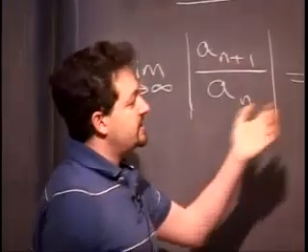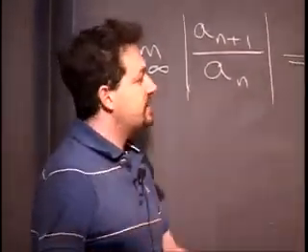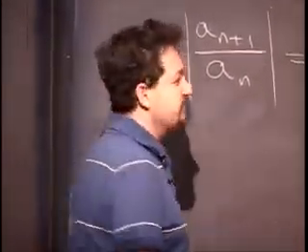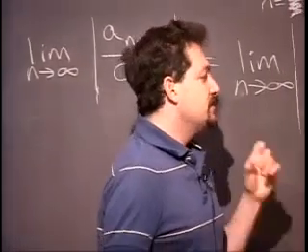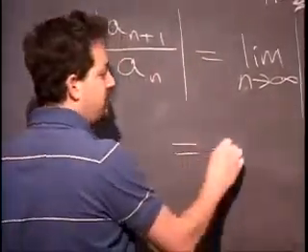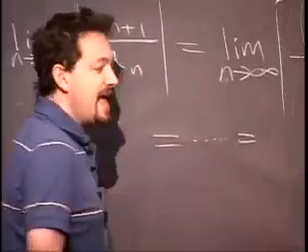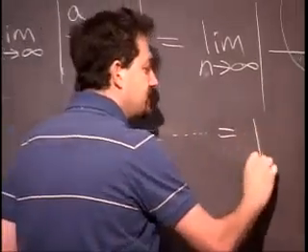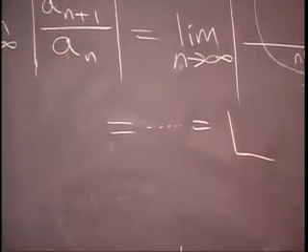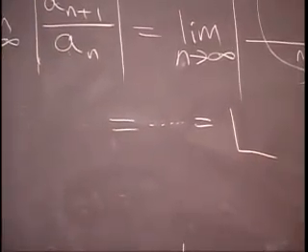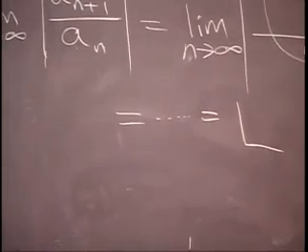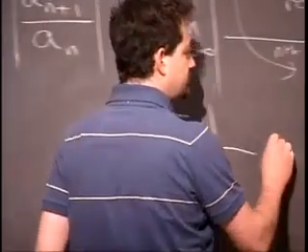And so you'll get some expression involving n when you've done this. You have to somehow simplify it and muck around with it, and we'll see what to do in a bunch of examples. But when all's said and done, you hope that you can actually take the limit and get some number L. Well, what can we say then? There are three possibilities.